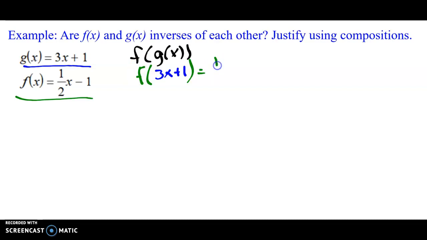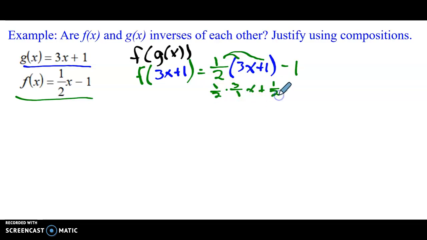We get 1/2 times 3x plus 1, minus 1. Don't forget the 1 at the end. So I'm going to multiply, again, beautiful fractions. So we have 1/2 times 3 over 1 x plus 1/2 times 1 is just 1/2, and then minus 1.